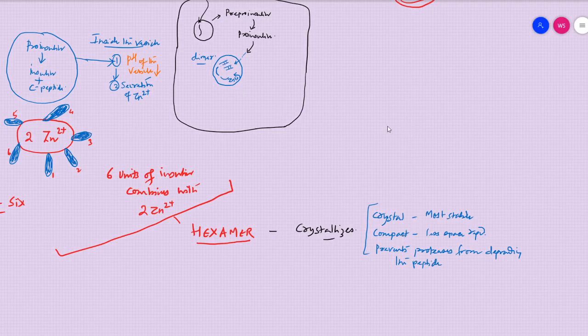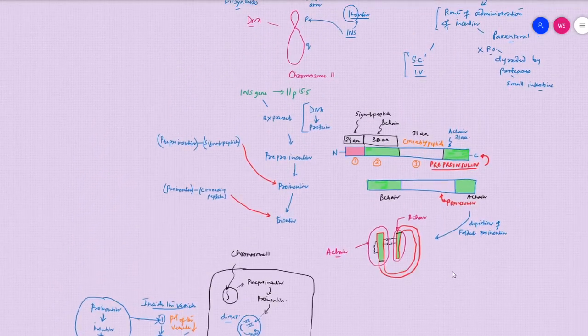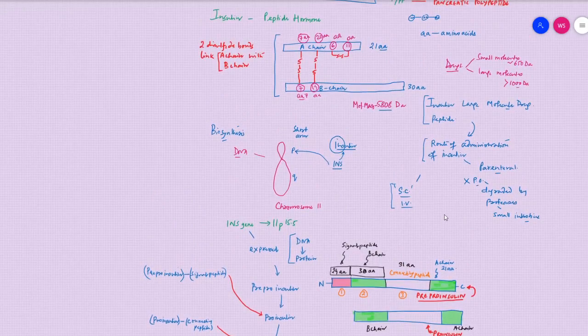So the point is, insulin requires its structure. The disulfide linked double chain structure is required for its activity. If insulin by some chance loses the overall structure, then it won't be active.